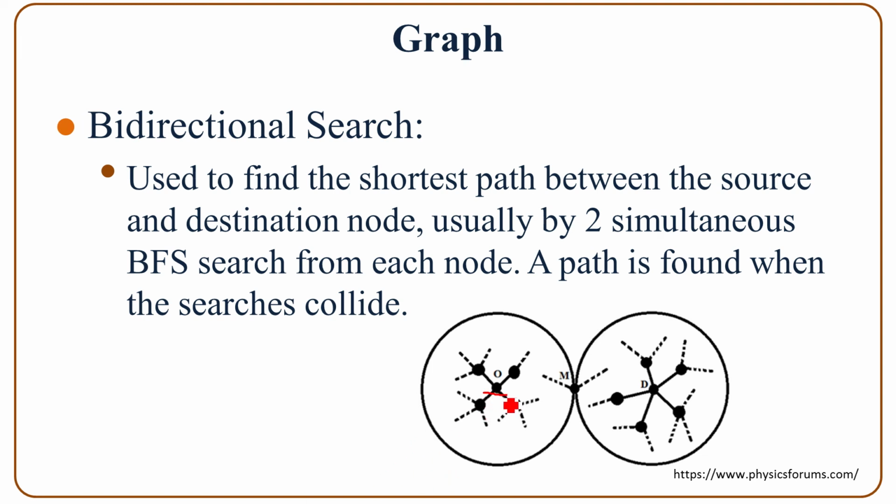So as you can see in this example, starting from O for origin to D for destination, using bidirectional search, the searches collide in the middle.